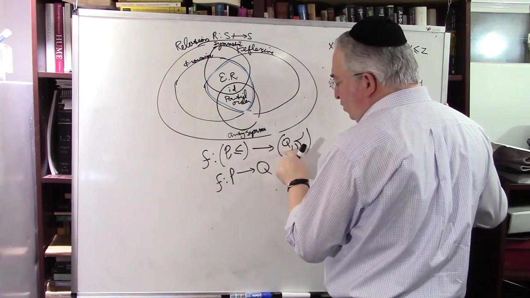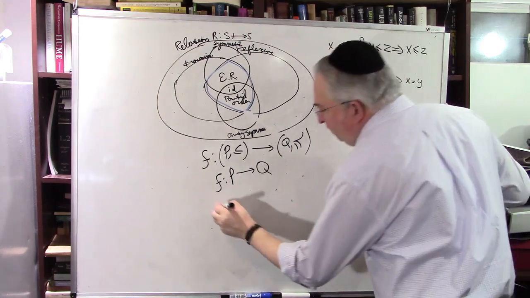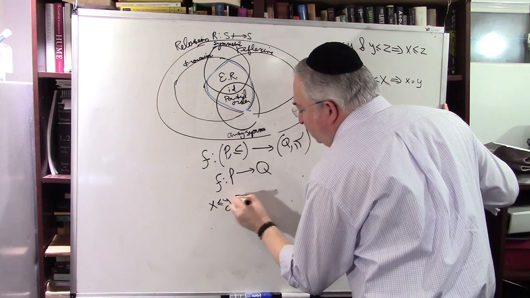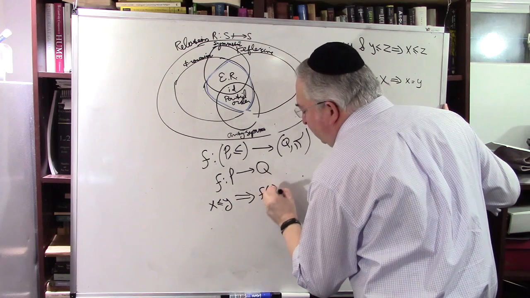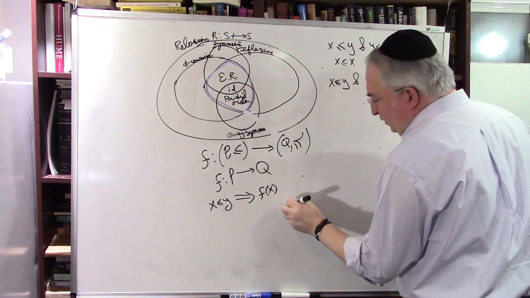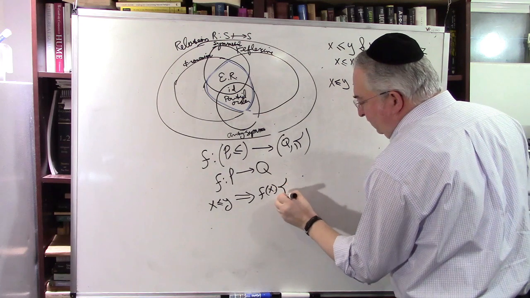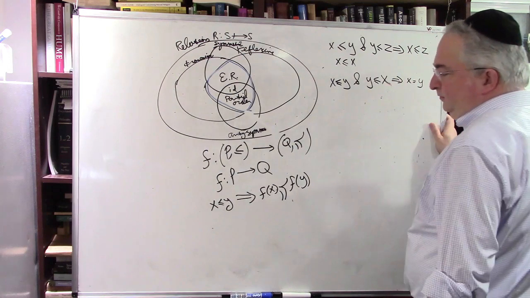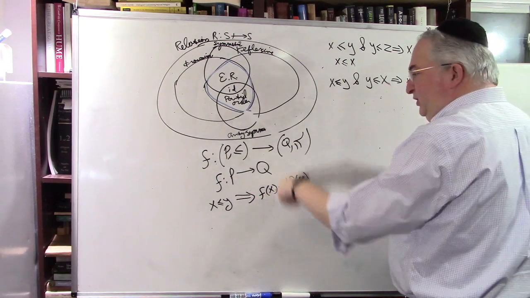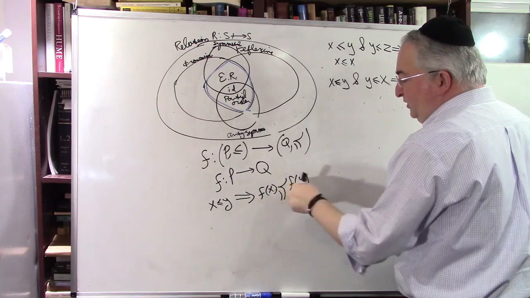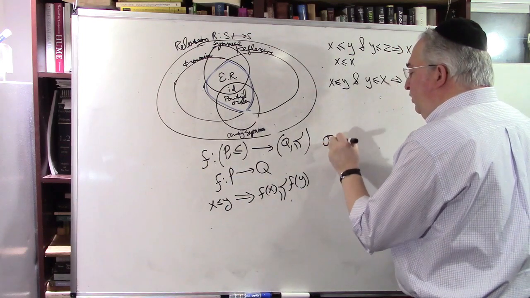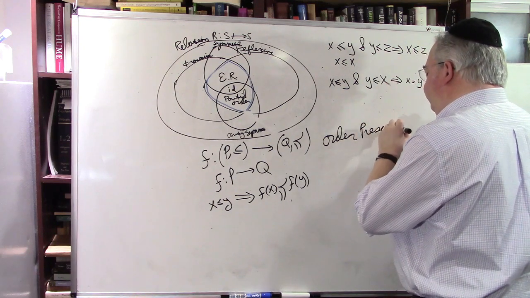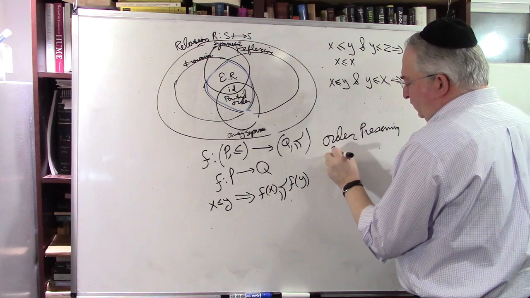P is a set of elements, Q is a set of elements, but we also want, as follows, that if X is less than or equal to Y, this implies that F of X, this is called preserving the order, is less than or equal to F of Y. Such maps, such functions that satisfy this requirement, are called order preserving functions.